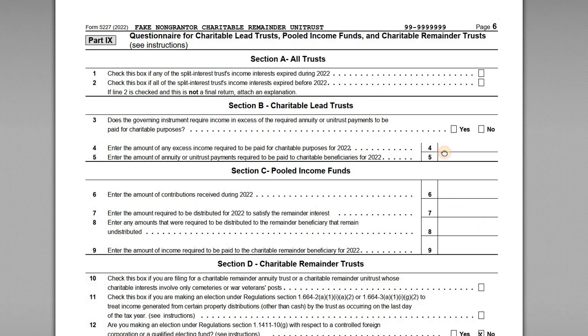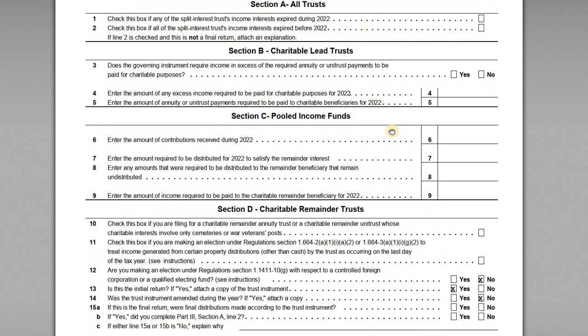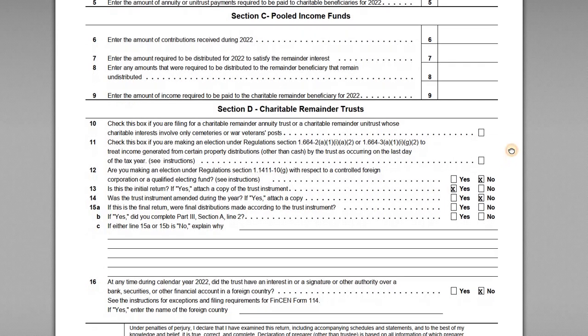Part 9. Section A, all trusts have to answer this part. In this case, none of these apply to us, right? We didn't have any interest expire during or before the current year. We don't have a lead trust and we don't have a pooled income trust, so we've left sections B and C blank. Section D for CRTs, this does apply to us, right?